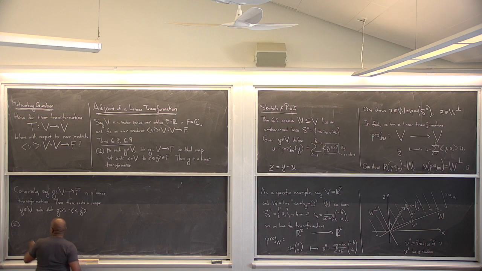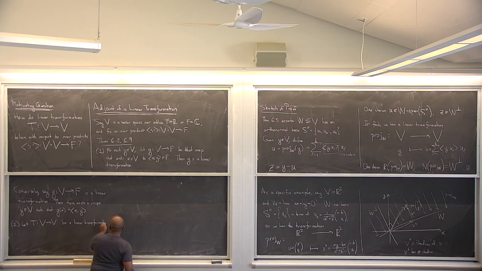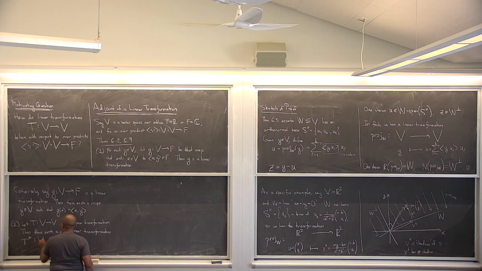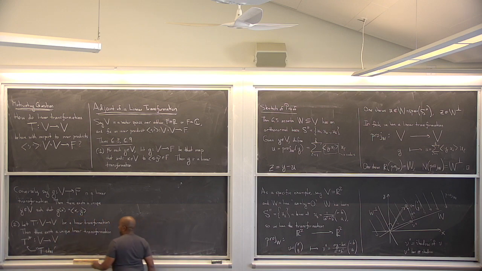Second statement, let T be a linear transformation, then there exists a unique transformation, which I will call T star, such that if I were to take the inner product of Tx and y, that's the same as the inner product of x and T star of y.